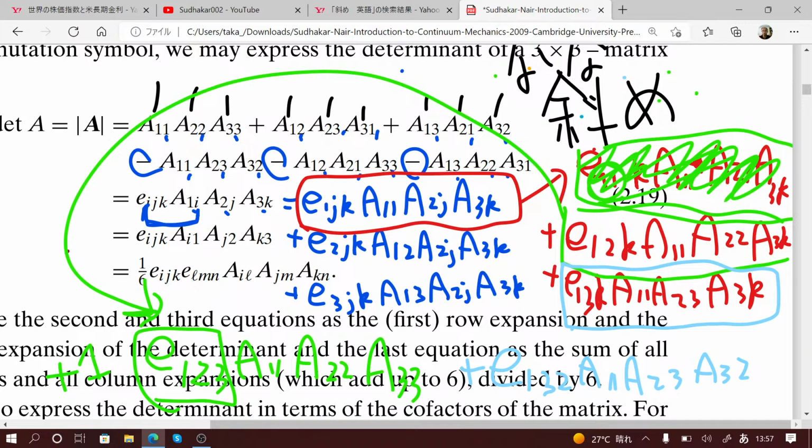Yeah, this is what we obtain. Then this epsilon_{132} is minus 1.